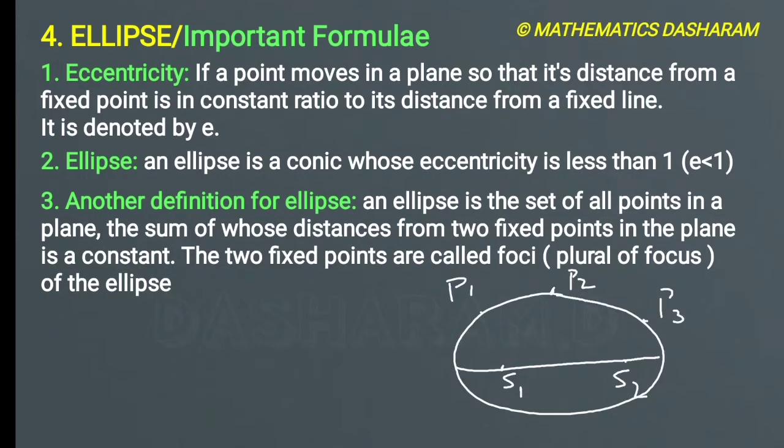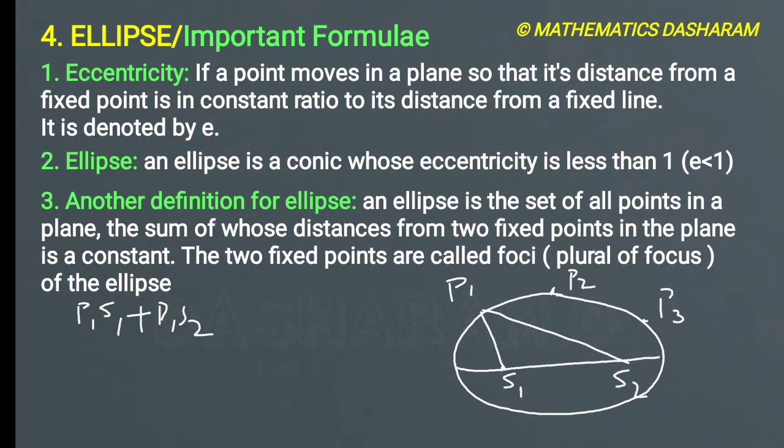As per the definition, sum of the distances from two fixed points. The first fixed point S1, so P1S1 is the first distance, plus S2 to P1, so P1S2. These are the sum of the distances from two fixed points.